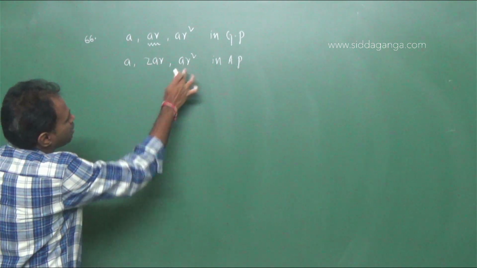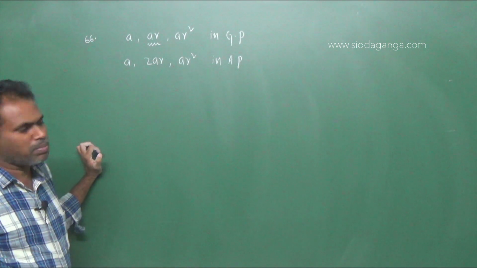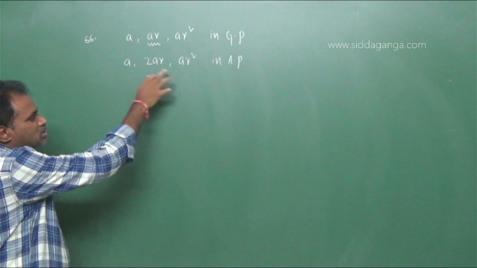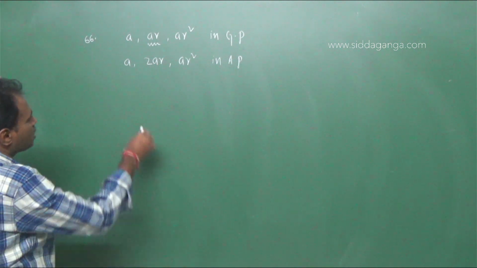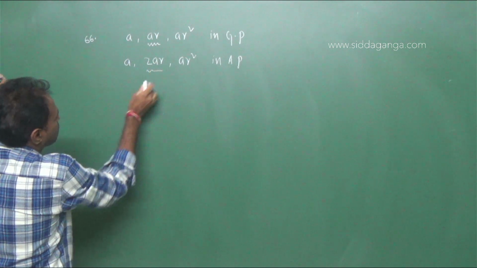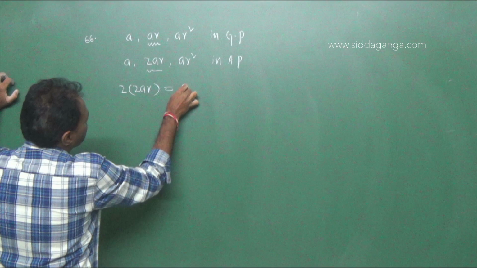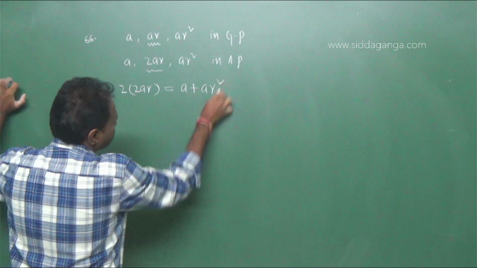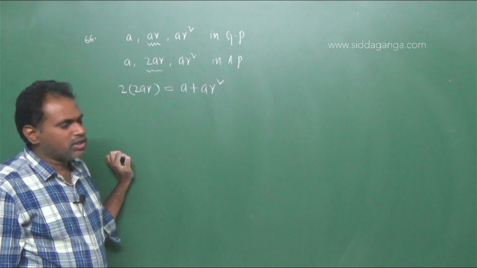Now, these three numbers are in AP. Suppose a, b, c are in AP, then 2b equals a plus c.